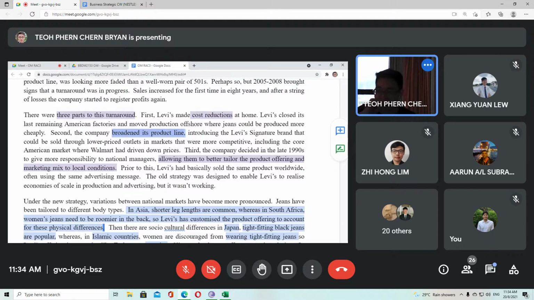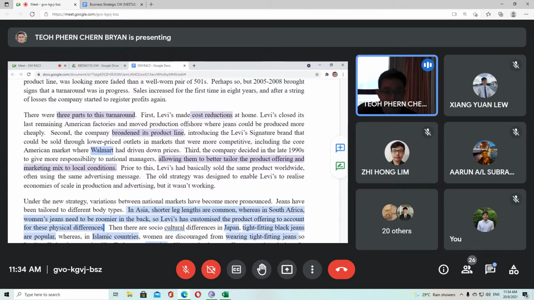And then the rich people may not want to wear jeans because they don't look rich. And the people that cannot afford it want to buy cheaper jeans. So they are stuck in between, they don't know what to do. So what they did was they manufactured a cheaper product line, then they sold it in Walmart.